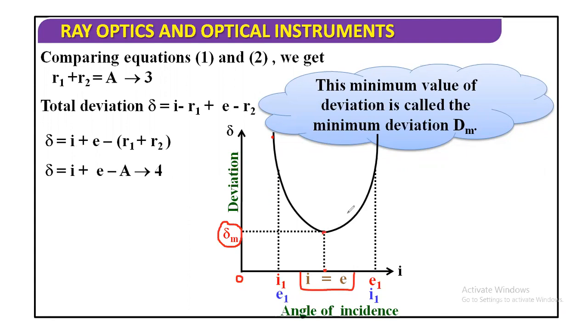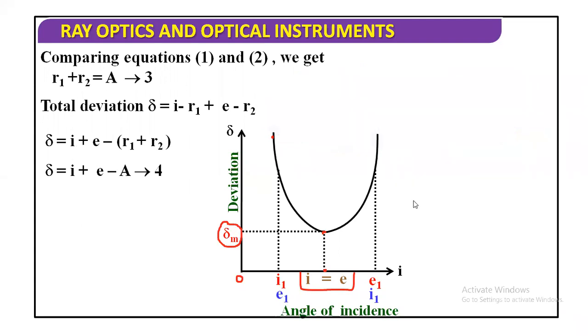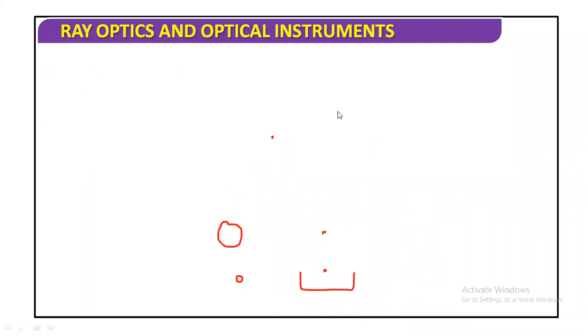But after that, after I is equal to E, if we further keep on increasing the angle of incidence, the deviation increases, right? So this is the graph between angle of incidence and deviation through a prism. And delta M is very important because in this case, the prism offers minimum deviation.